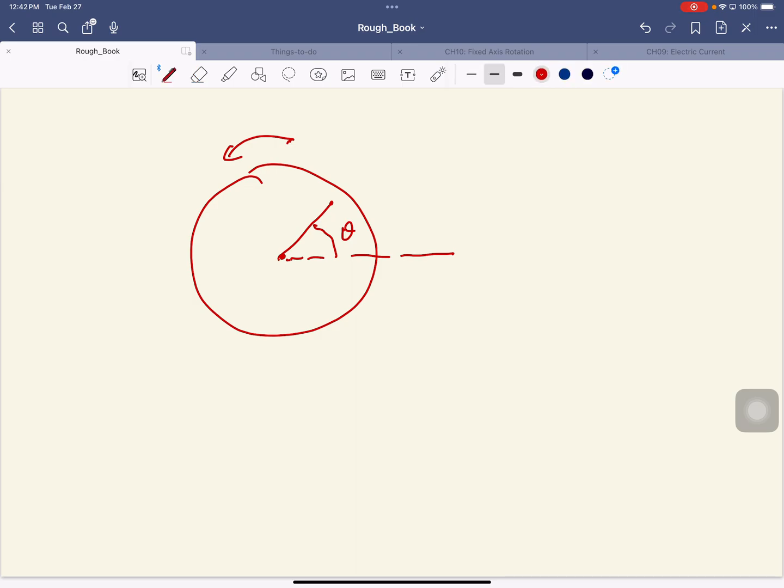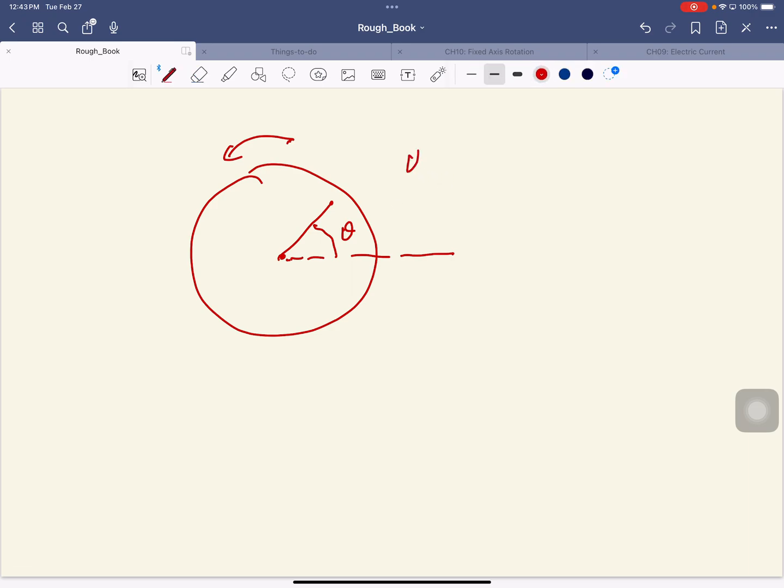And to describe this motion, here I have a bicycle wheel, and I'm going to do a motion. How would you describe that motion? Yeah, angular position, this theta as a function of time.